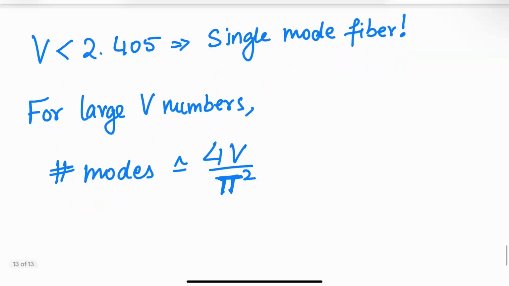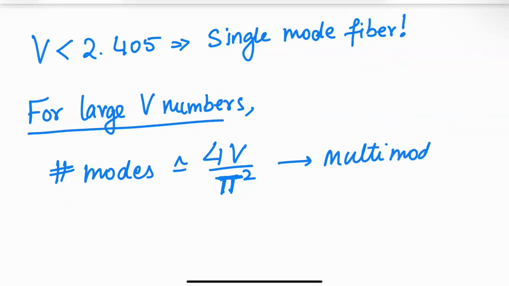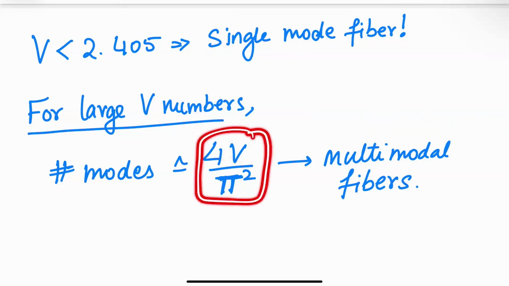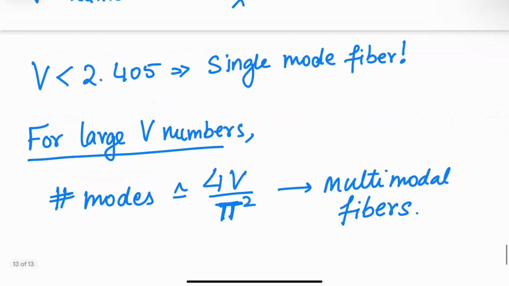But basically, when the V number is very large, so let's say you're using a multimode fiber, and you want to calculate how many modes are actually propagating in this fiber at a given frequency, you calculate the V number, put it into this equation, and that gives you a good approximation to the number of modes that are propagating in the fiber. Obviously, this is only valid when V is very large.